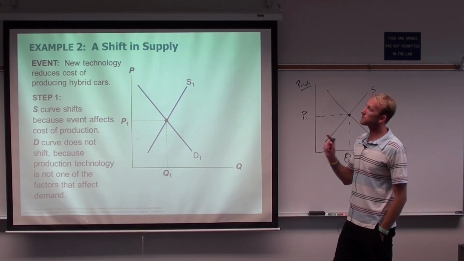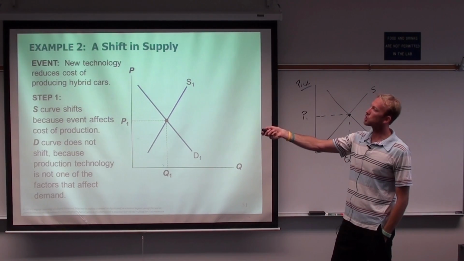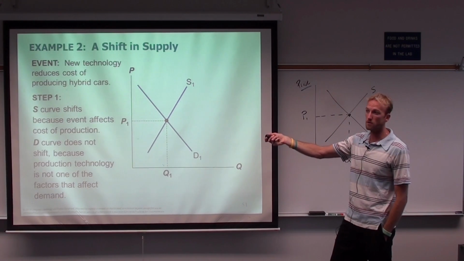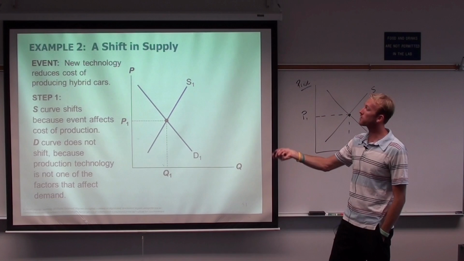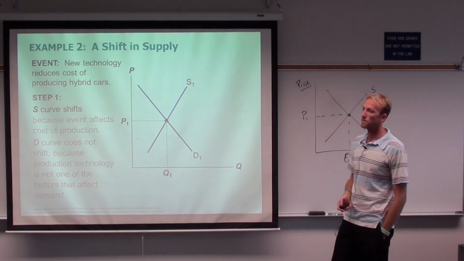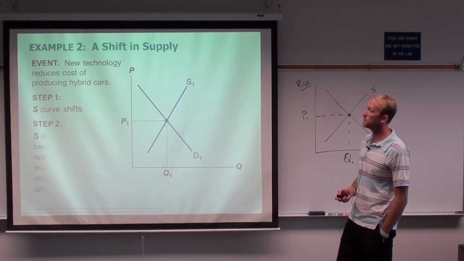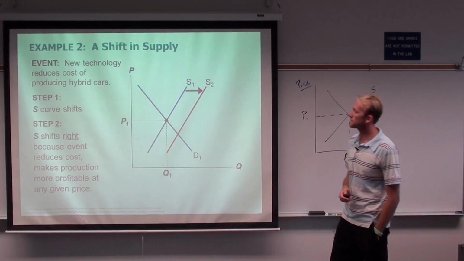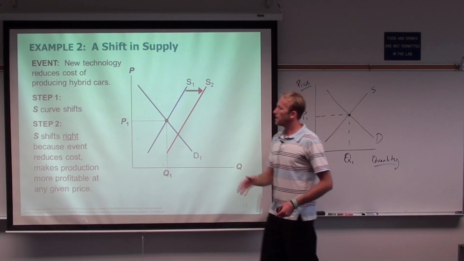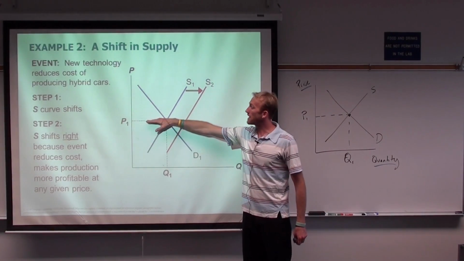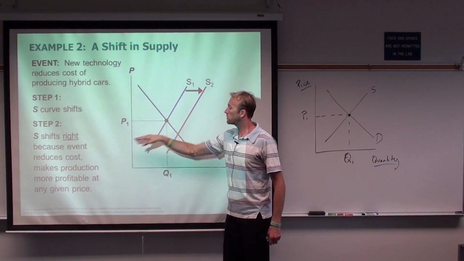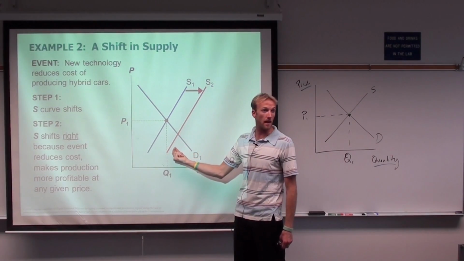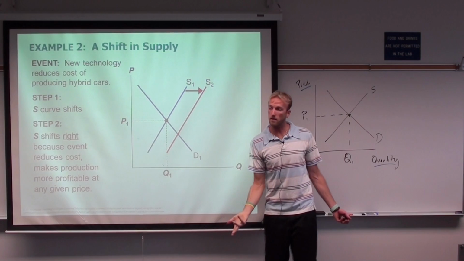And if you think this through, it's going to make it cheaper and easier to produce hybrid cars. So how is the supply curve going to shift? To the right. That's step 2. Exactly, it shifts right. Let's think about what that means. Basically, it's saying that for any price point, P1, P2, whatever, the firm can profitably create more cars now because each car is cheaper to make.